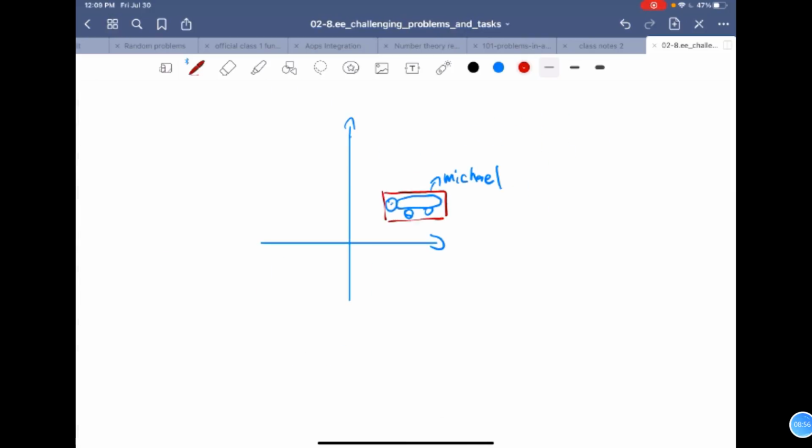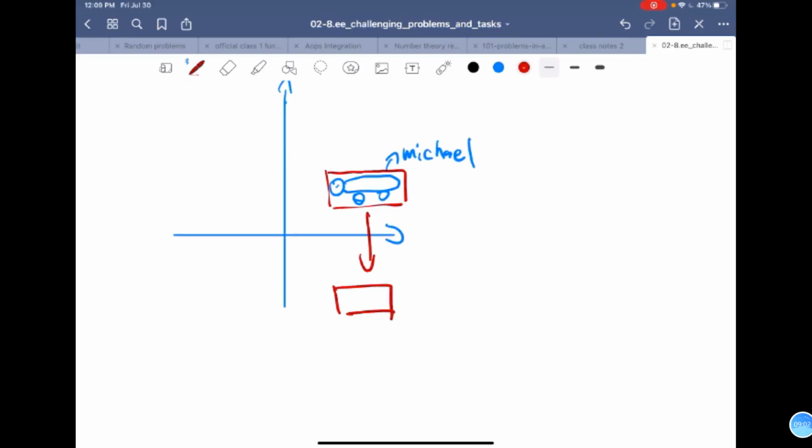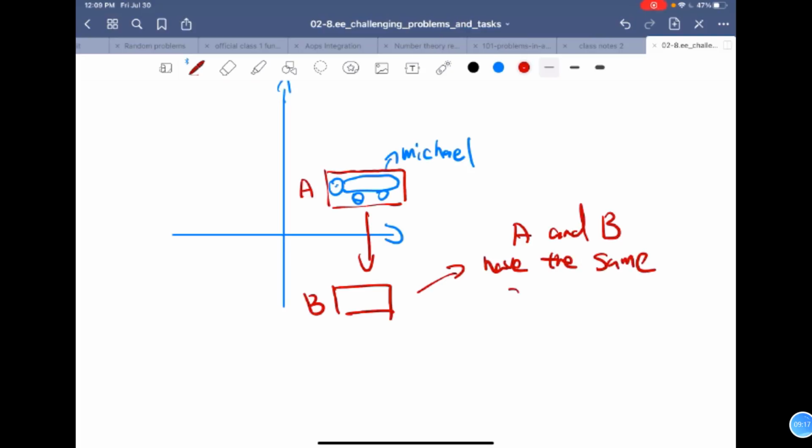You can move Michael to here, right? Notice that we can call this A. This is B. A and B have the same shape.